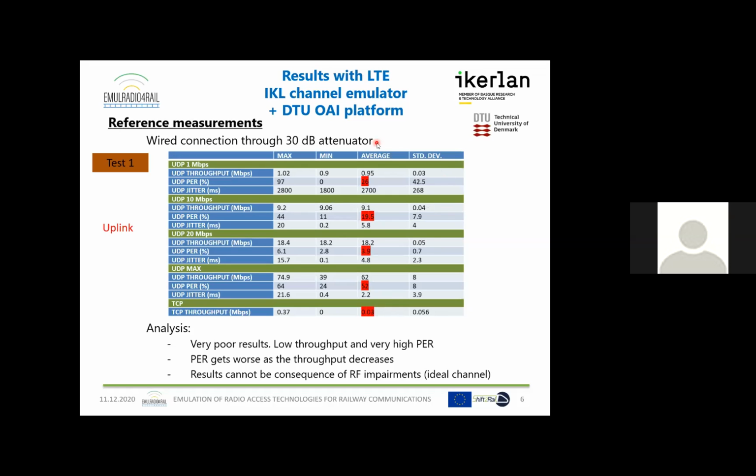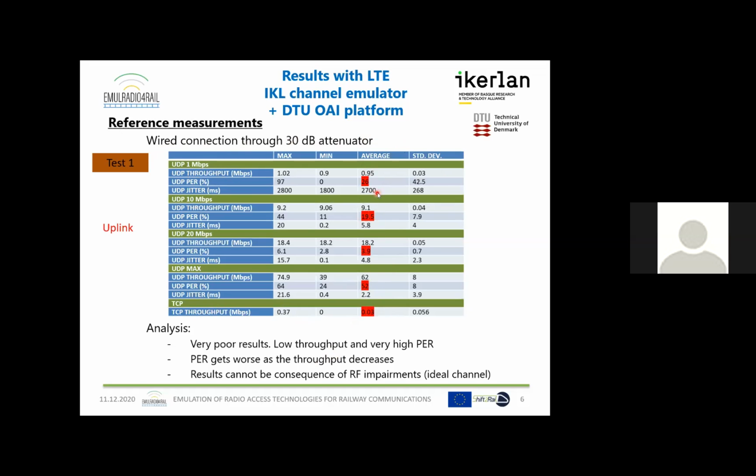So first of all, we have done a reference measurement in which we just put a 30 dB attenuation into the system. We made some tests at different speeds with UDP and also tests of TCP. What we can see at first sight is that the results were very poor.